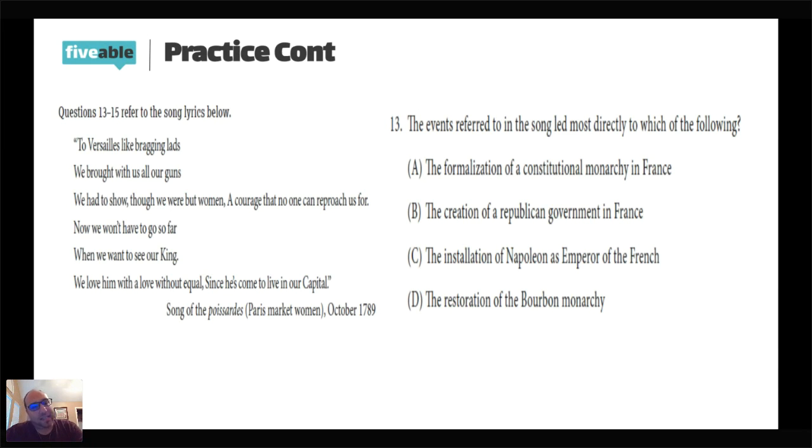With cause and effect, they do ask, evaluate the extent to which the printing press was a cause to the Protestant Reformation. That's a very simple one. But they tend to pick one or two things and want you to say the cause or the effect.